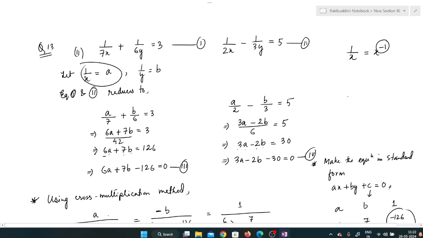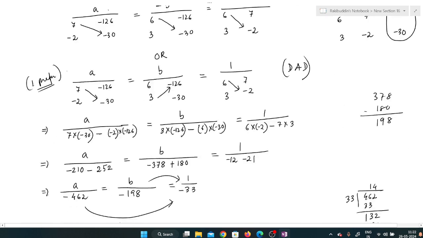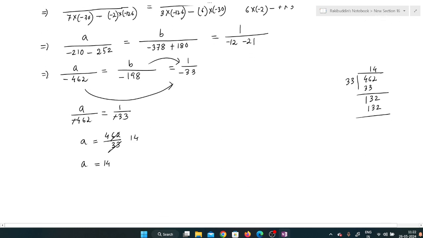So our target is to find the value of x, not only a. We will not end the question in finding the value of a and b only. We have to find x. So again we have to be very mindful about it. We cannot get carried away. So a is what? We will replace it here only. A is 1 by x equals 14.